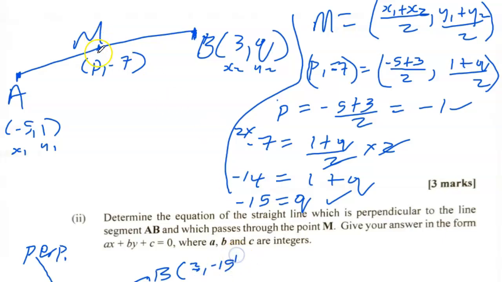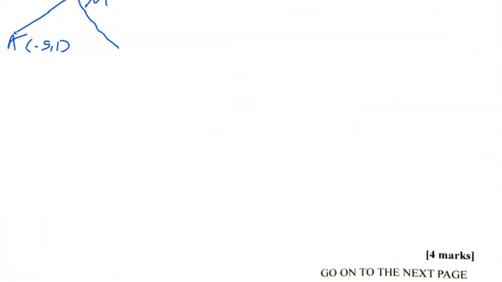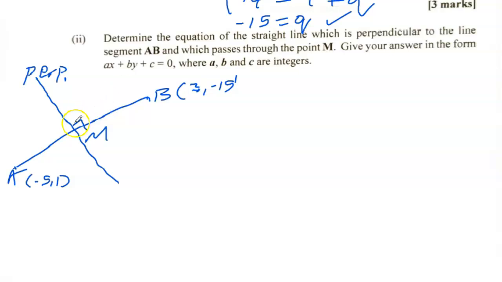And the coordinates for the midpoint are p, minus 7, but remember p was negative 1, so the midpoint would be minus 1, minus 7.